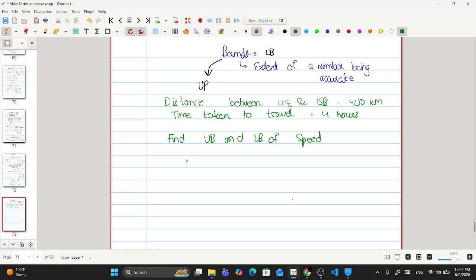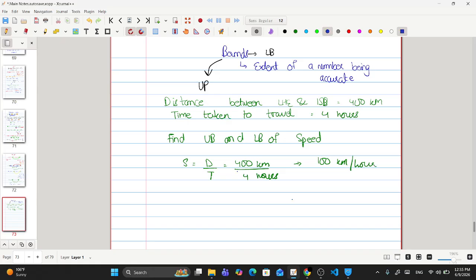You know that speed equals distance divided by the time taken. The distance is 400 kilometers and the time taken is 4 hours. So doesn't that become 100 kilometers per hour? It is the average speed, right?